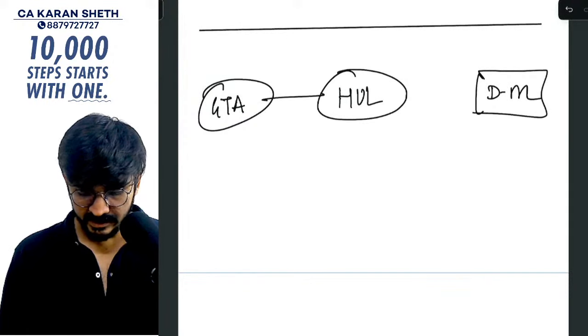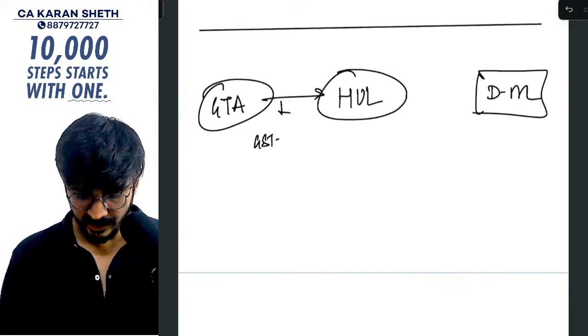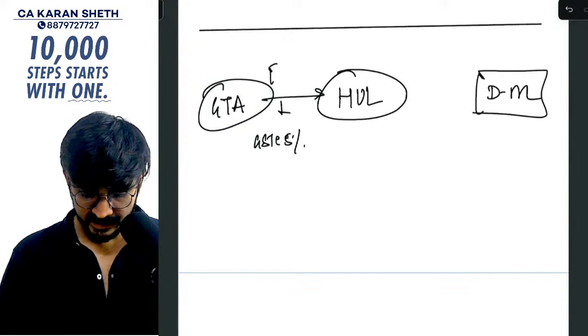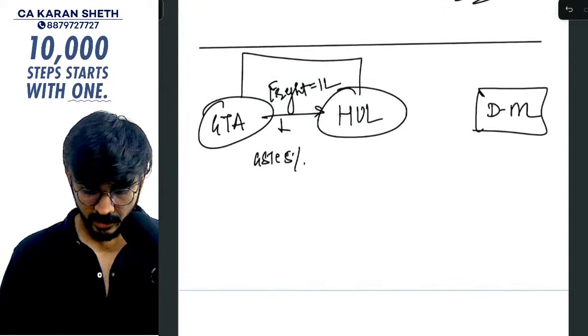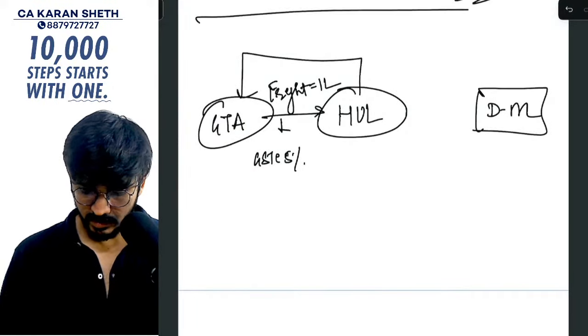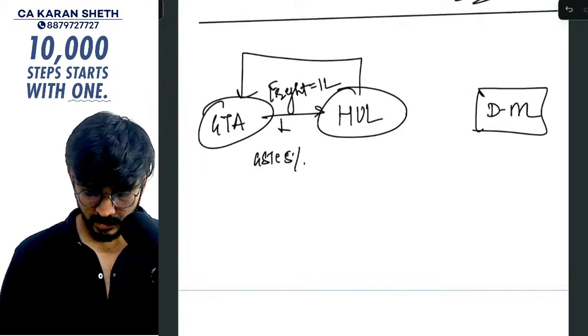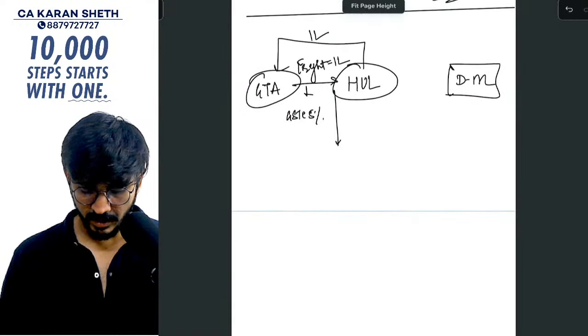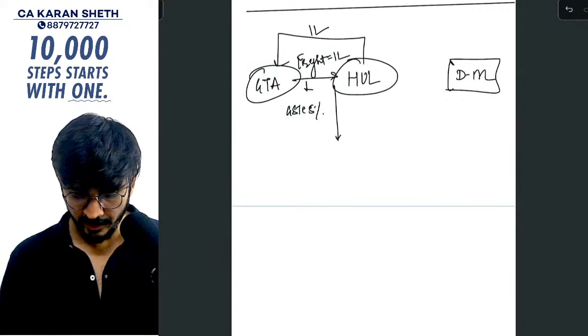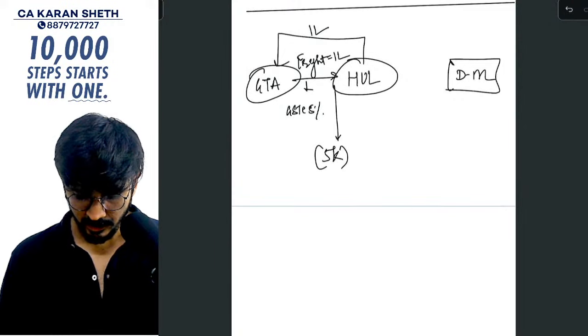So here let's say GST is at the rate 5%, freight charged is 1 lakh, got it? So HUL will pay to GTA 1 lakh, but understand, HUL in this case will pay 5,000 to government as per RCM.